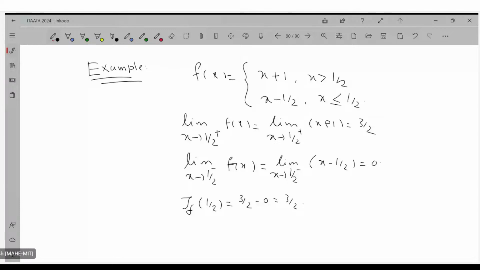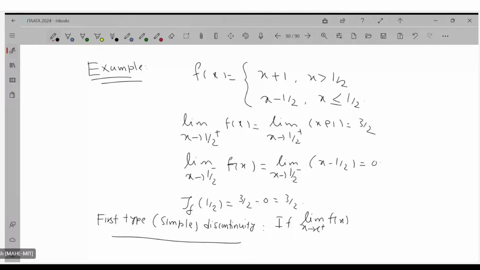That type of discontinuity will be called first kind of discontinuity, meaning first type or simple discontinuity, when both limits exist finitely.